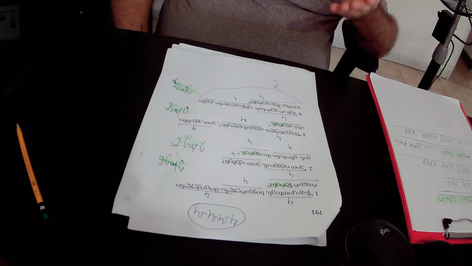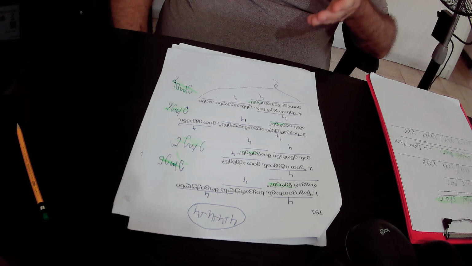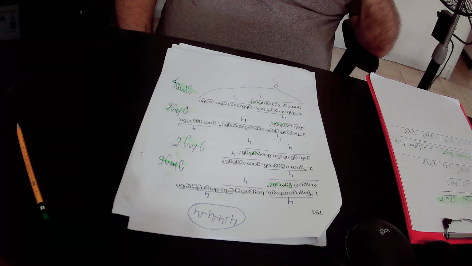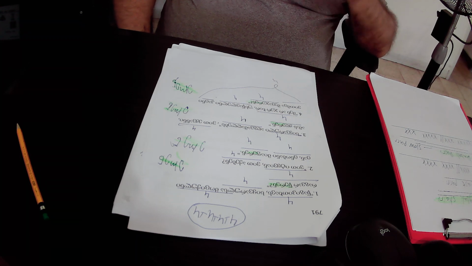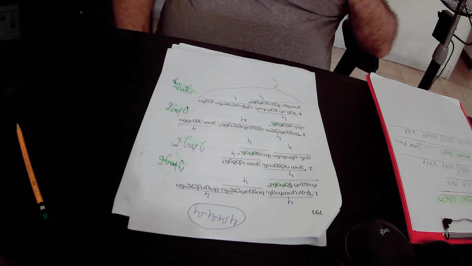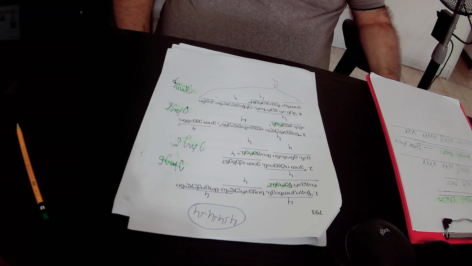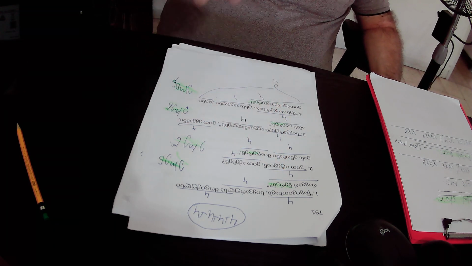So in conclusion, the structure of the 16 syllables in line number 1 is 4 plus 4 plus 4 plus 4. The line is broken into 4 segments of 4 syllables. And the rhyming is on the last 2 syllables of the last word in each line, that is to say, eren, eren, eren, and eren.